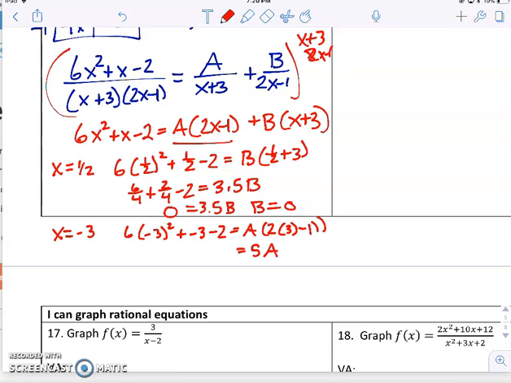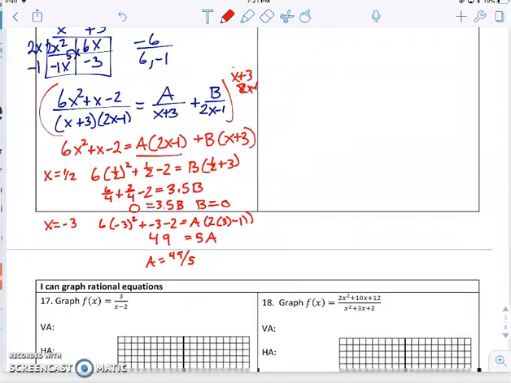And over here, 9/54 minus 3, 51, 49a, so a is 49/5. Something definitely seems off here.